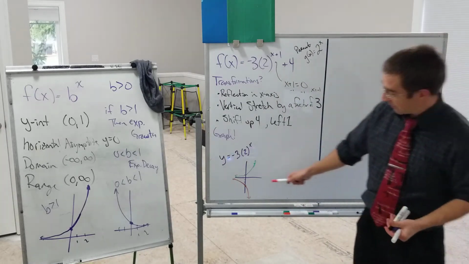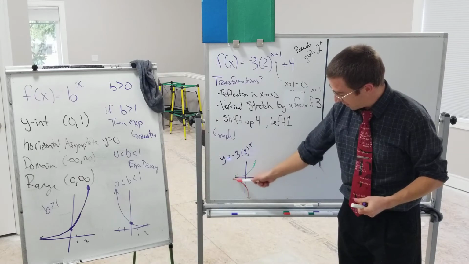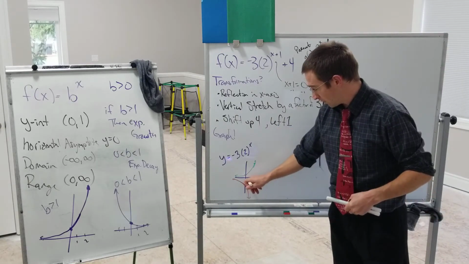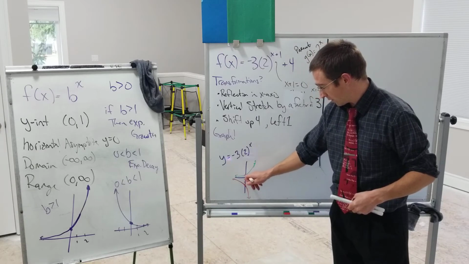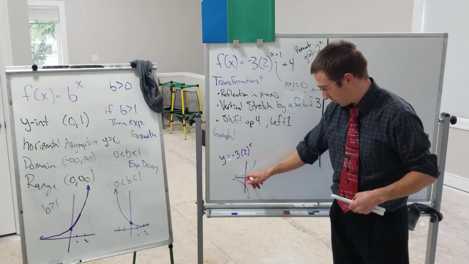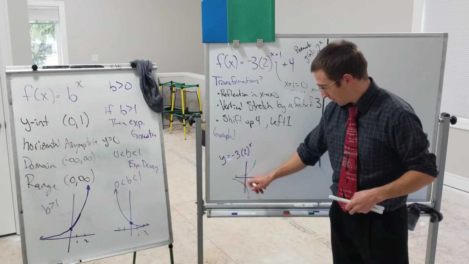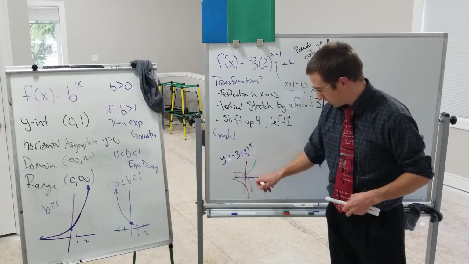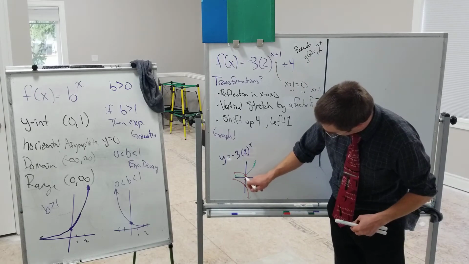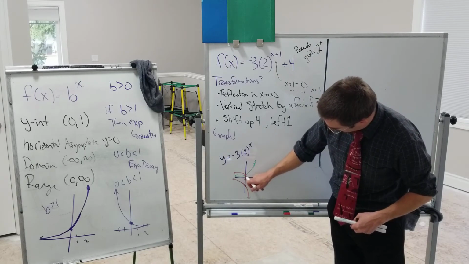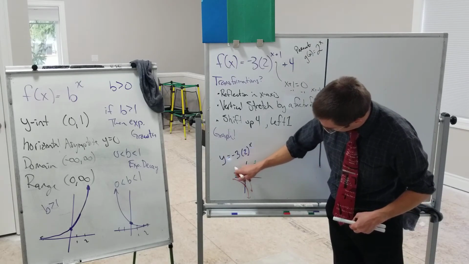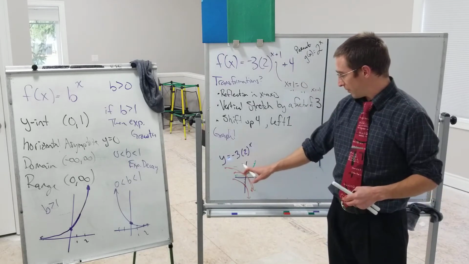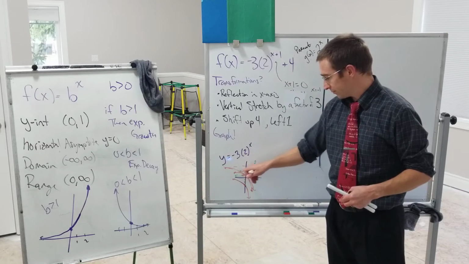So I've got this -3 times 2 to the x here, and then I can just shift it up 4. 1, 2, 3, 4. So really it should look like that. Just shift it up 4 and then left 1.